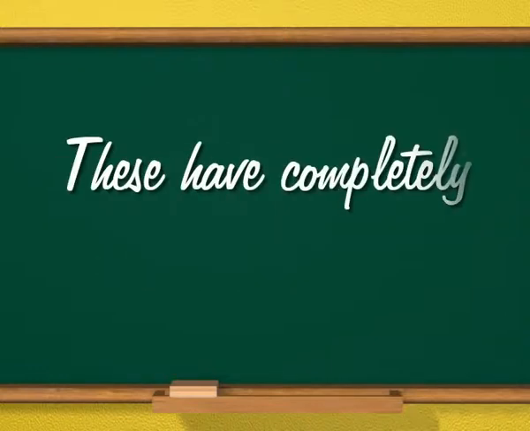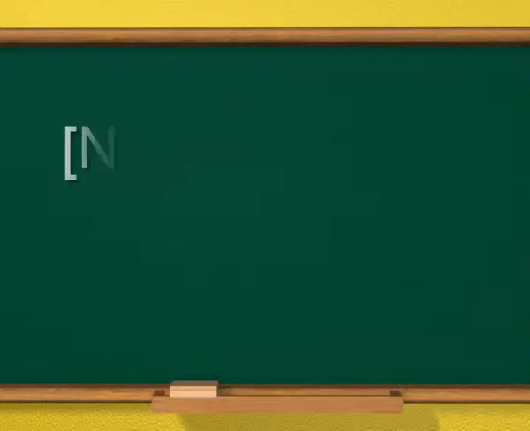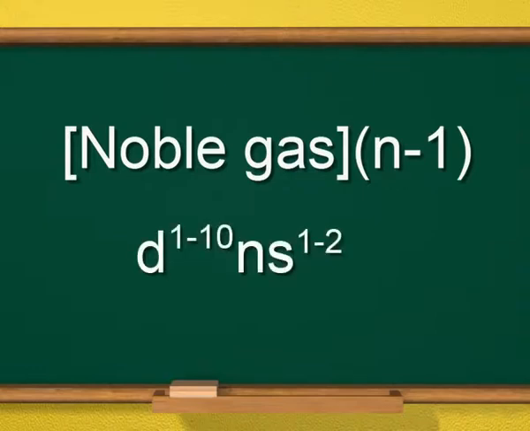These have completely filled d orbitals. Thus, the general electronic configuration of d block elements is written as the electronic configuration of the noble gas, (n-1)d1 to 10, ns1 to 2.